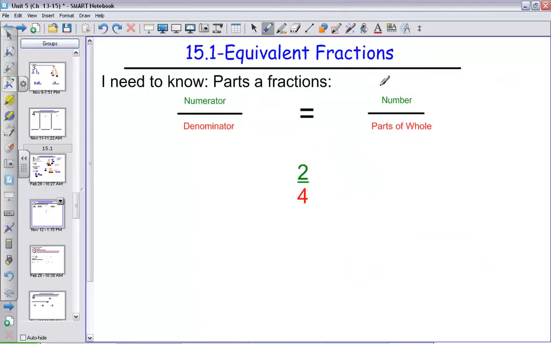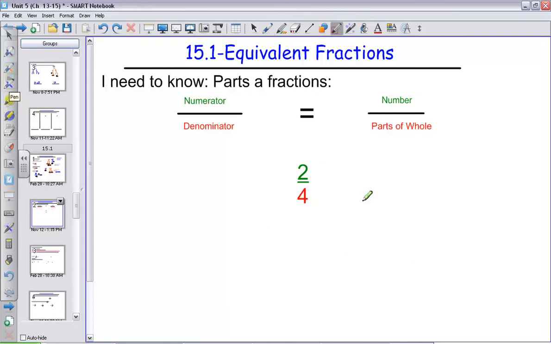My numerator tells me the number that is part of my whole. So my whole is 4. The part that I have is 2.